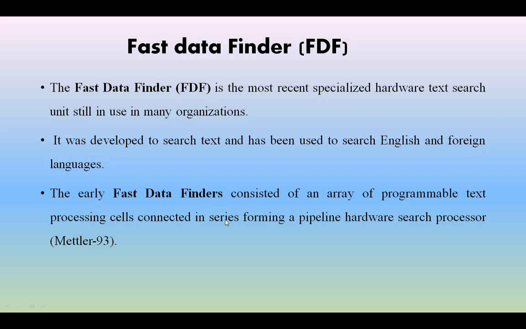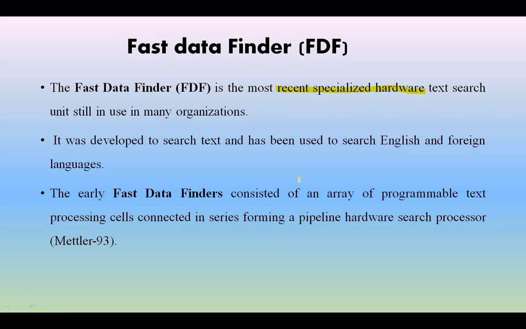Fast data finder is often regarded as the most specialized hardware text search system among all the algorithms we considered so far. So it is considered one of the best, and also the most recent specialized hardware system. It was developed not only for English but also for various kinds of foreign languages.